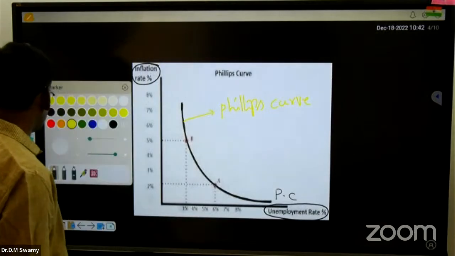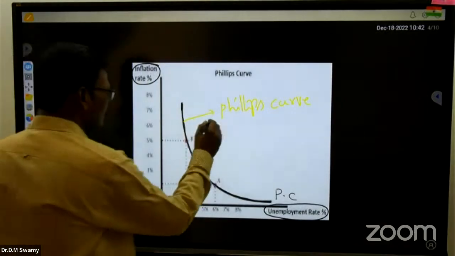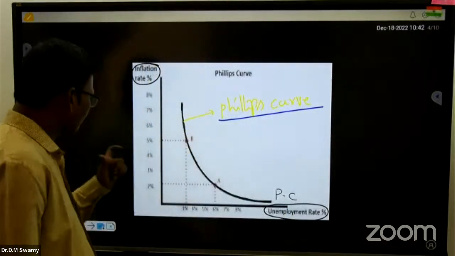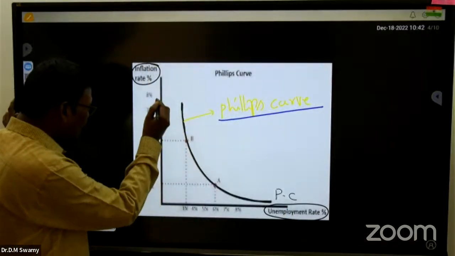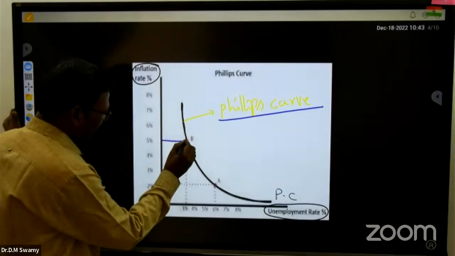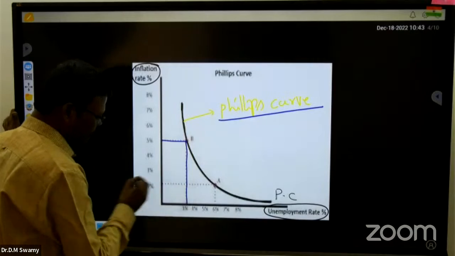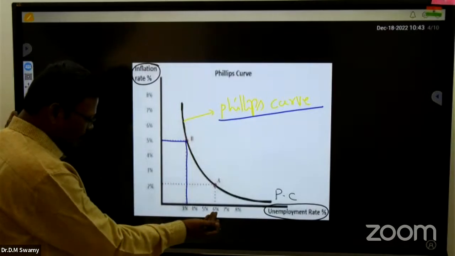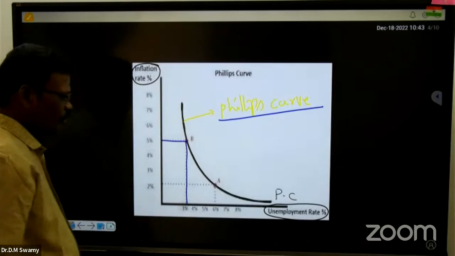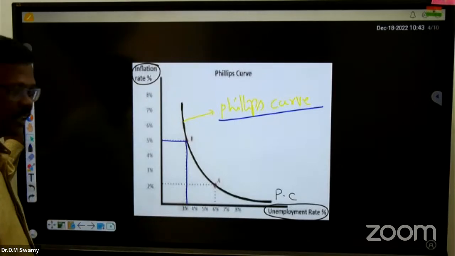Under this Phillips curve, whenever there is a high inflation rate, there will be a lower unemployment rate in the country.